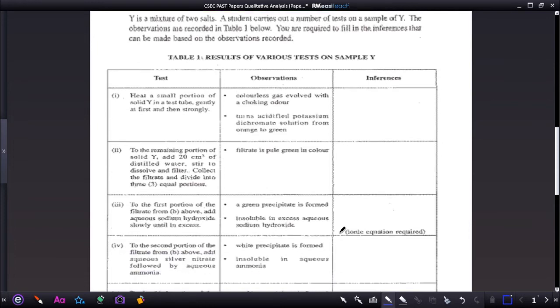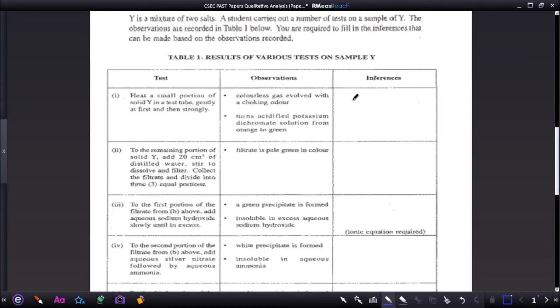Part 1, heat a small portion of solid Y in a test tube, gently at first and then strongly. A colorless gas evolves with a choking odor. Then another observation states that it turns acidified potassium dichromate solution from orange to green.